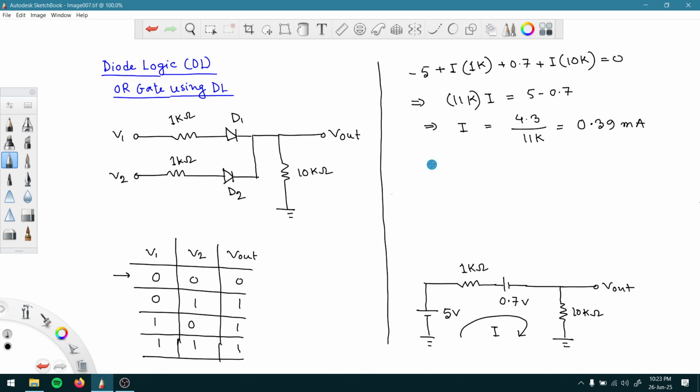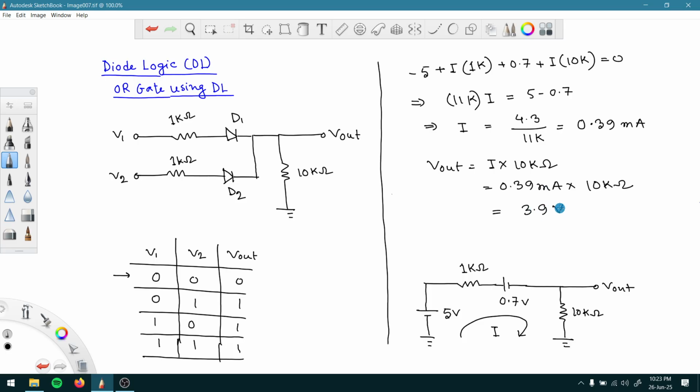V out should be equal to the current going through that multiplied with the resistance value. So V out is equal to the value of I multiplied with 10k. So 0.39 milliampere multiplied with 10k ohm. So we are going to get 3.9 volt.